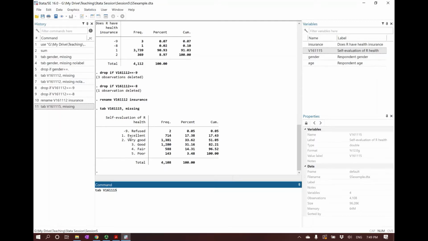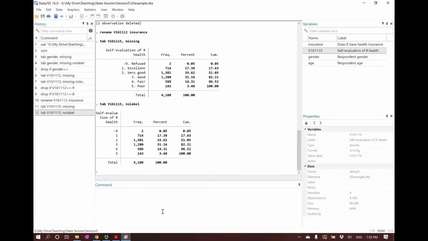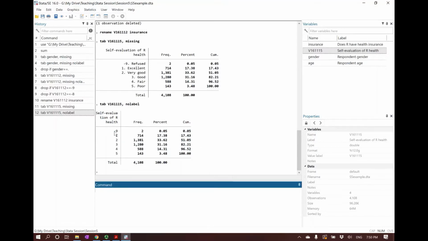You don't really know what numerical values are assigned to each category. So if that's the case, you always want to do nolabel to look at the actual numerical values assigned behind each category. So now I know that I need to drop the -9. So drop if the value equals -9.